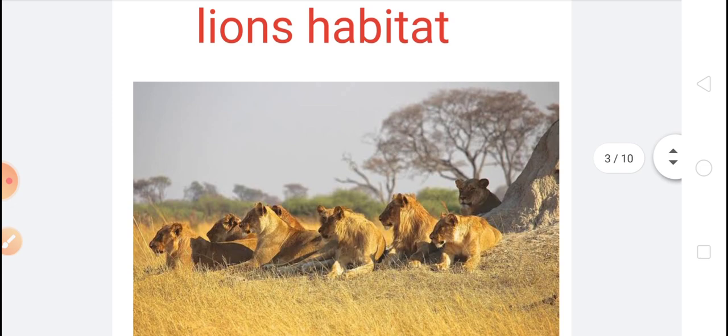You can see here one example, the lion's habitat.